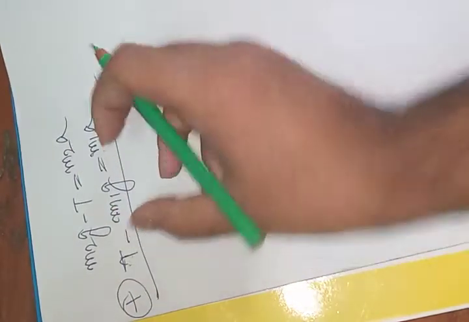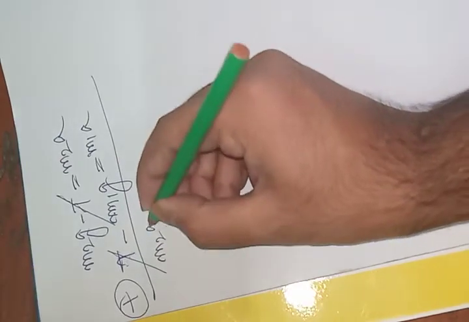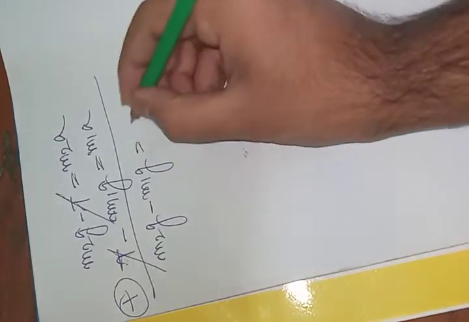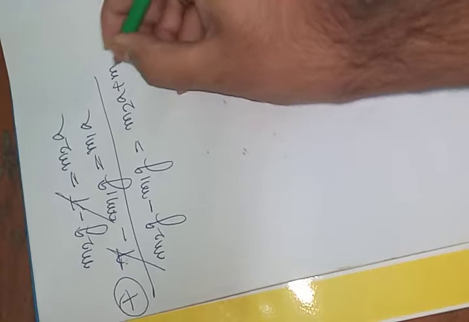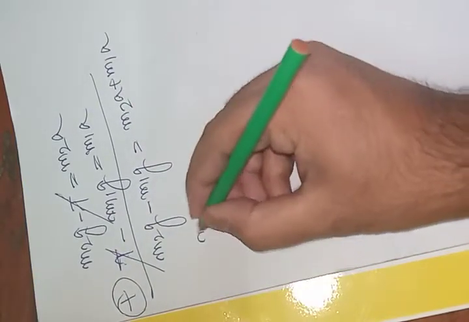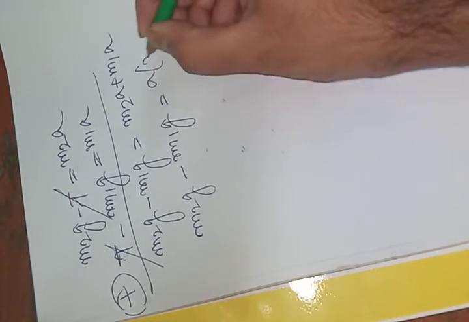Now add these two equations, so the T cancels, so m2g minus m1g equals m2a plus m1a. Now you can take a common from here, so m2g minus m1g equals a into (m1 plus m2).